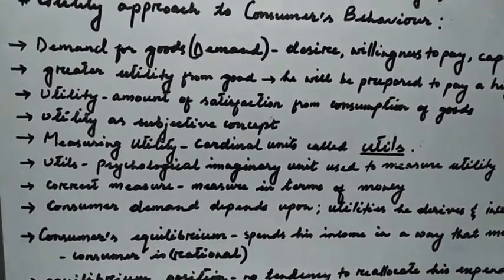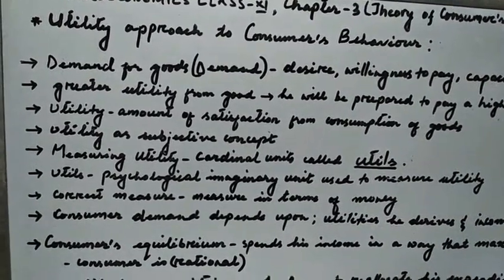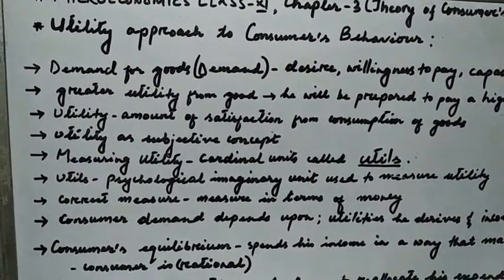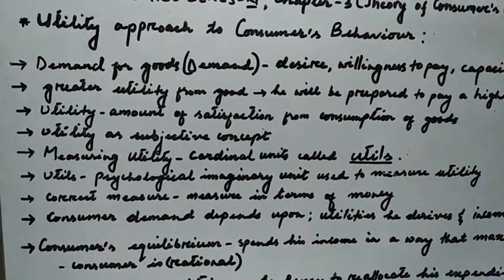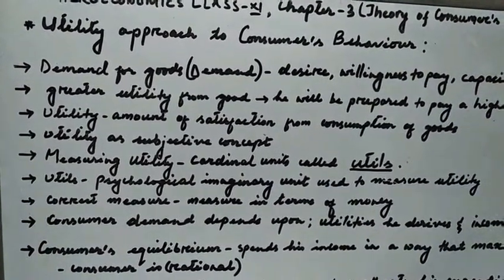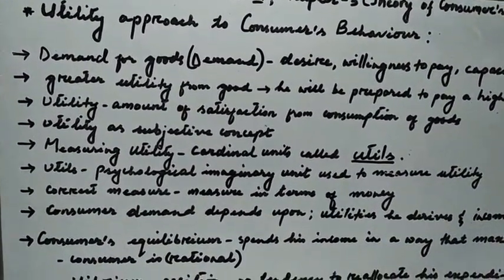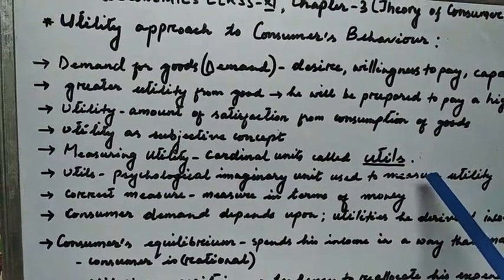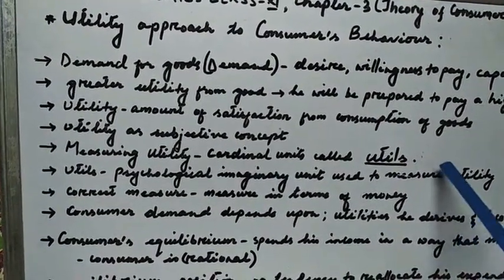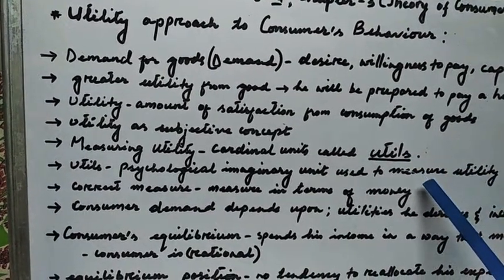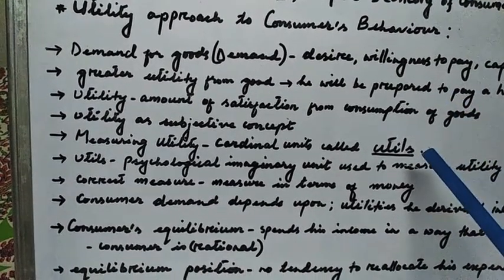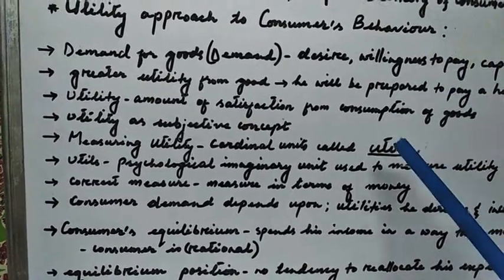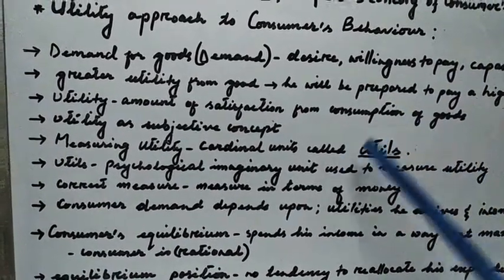How much money, or how many rupees, you are ready to spend for that good is equal to the amount of utility that you derive. Suppose you are ready to spend 5 rupees for a cup of tea. Then the 5 rupees is the utility that you derive from that cup of tea.